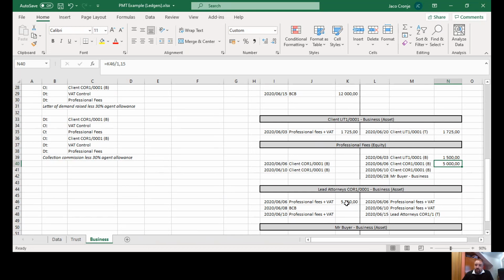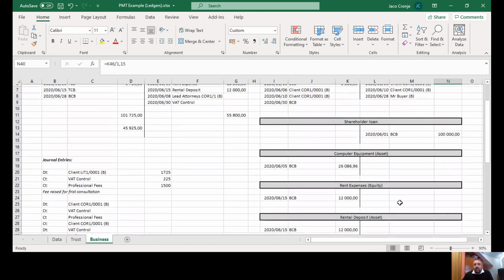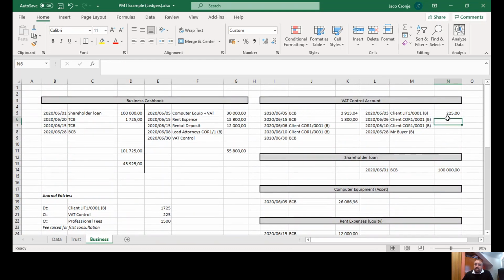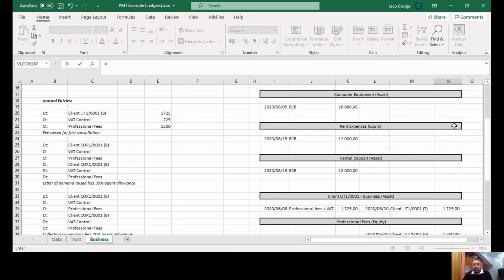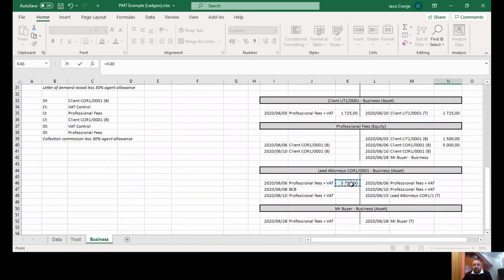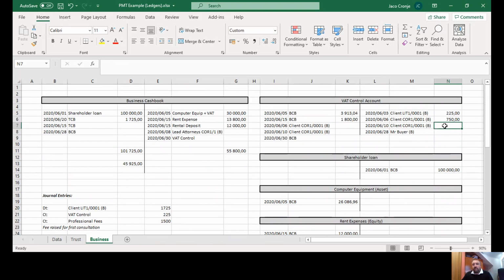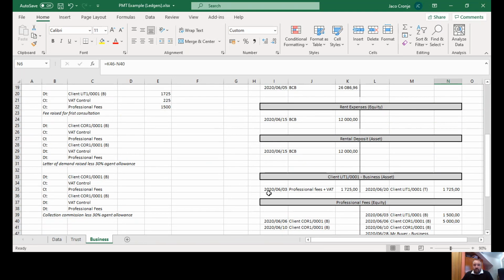The answer is no. I need to account for the VAT of 750. So on fees, I will have to pay the VAT over to SARS. So it's a VAT liability, and the total of my VAT liability is my inclusive amount less my exclusive amount, 750 Rand. So let's first account for this in the journal before we go on.